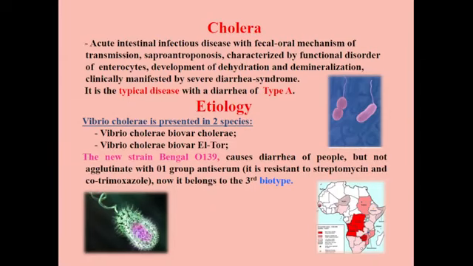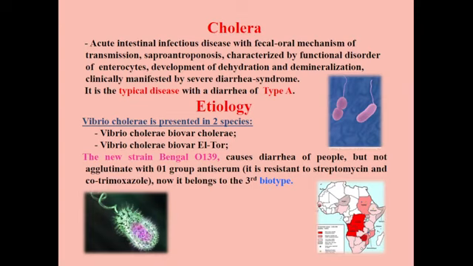Cholera. Acute intestinal infectious disease with fecal-oral mechanism of transmission, saproanthroponosis, characterized by functional disorder of enterocytes, development of dehydration and demineralization, clinically manifested by severe diarrhea syndrome. It is a typical disease with diarrhea of A type.